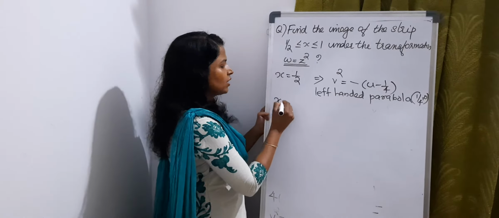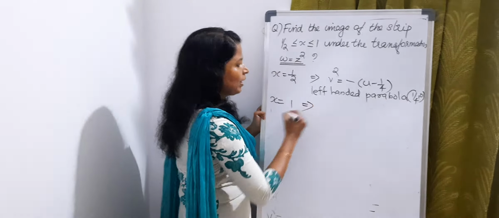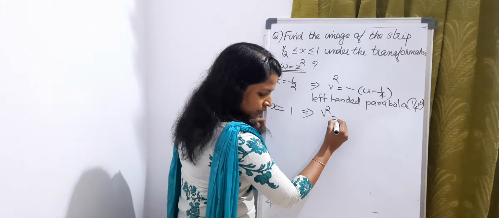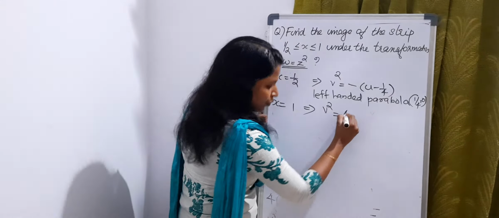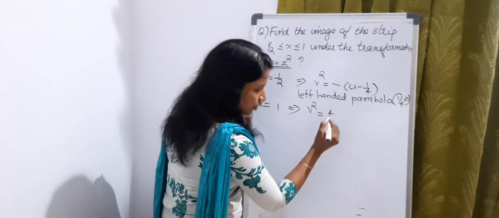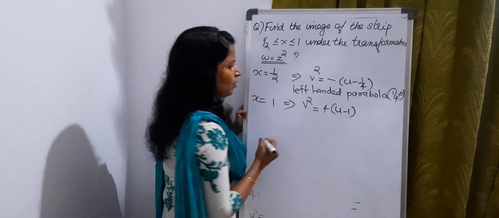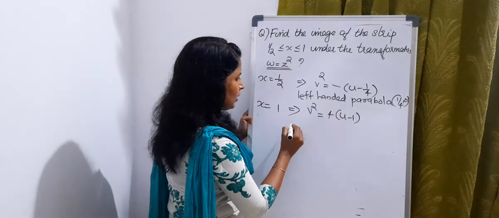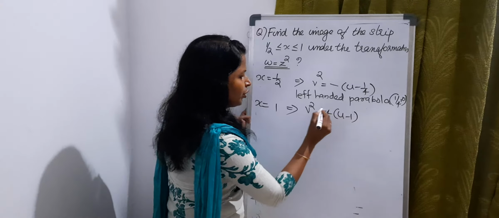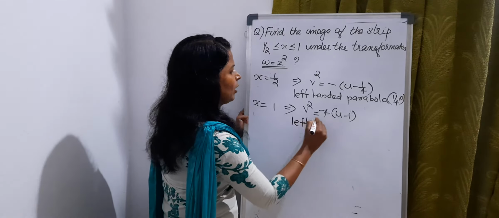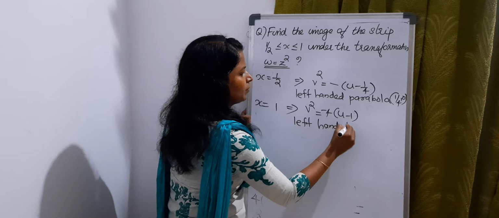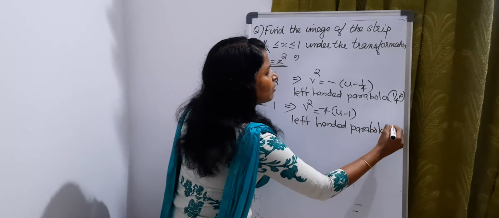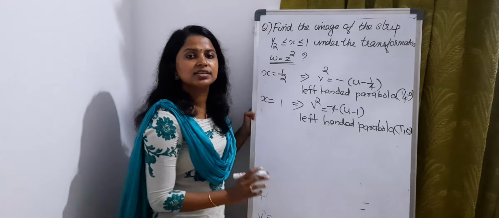In the second case, x = 1, we get v² = −4(u − 1), a left-handed parabola with vertex (1, 0).